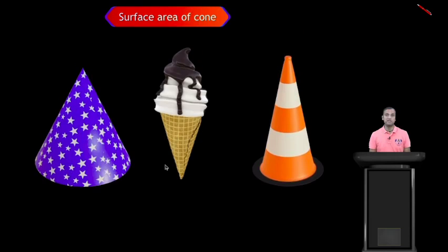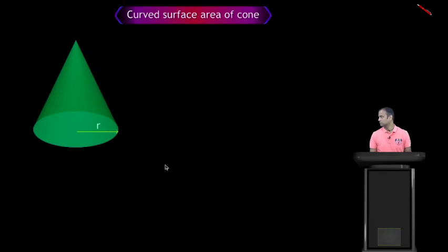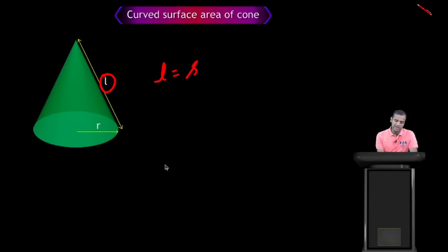Okay, now take the example of cone. We have to find the same, surface area, CSA, TSA and volume of a cone. So what is the curved surface area? With respect to cone, we have another term which is called L. L is called slant height.